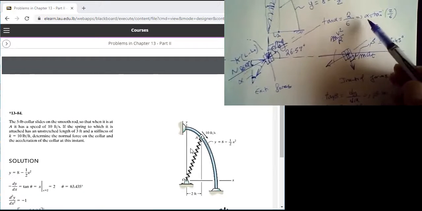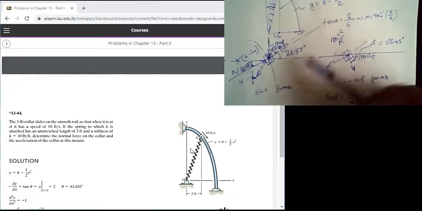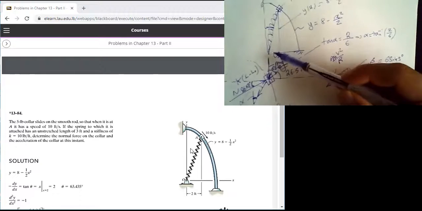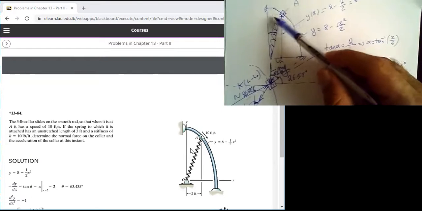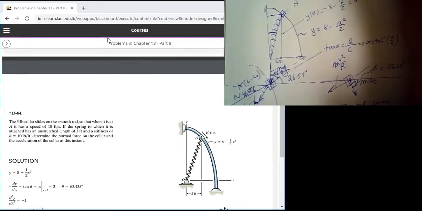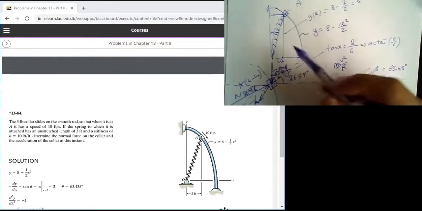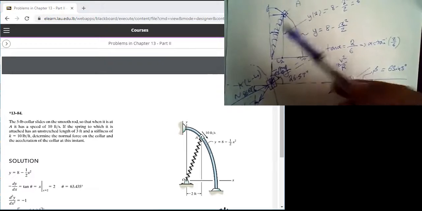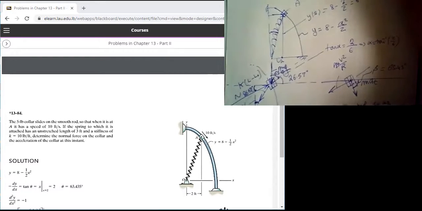We already did, right? It's alpha. We said tangent alpha is opposite over adjacent. Opposite is what? Okay, 2/6. Okay, great. Okay, guys, one second.